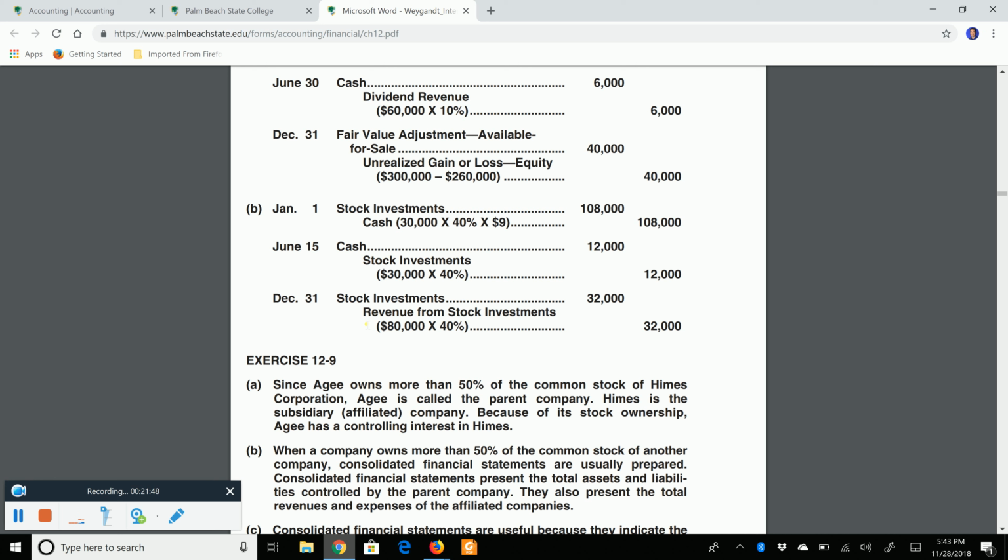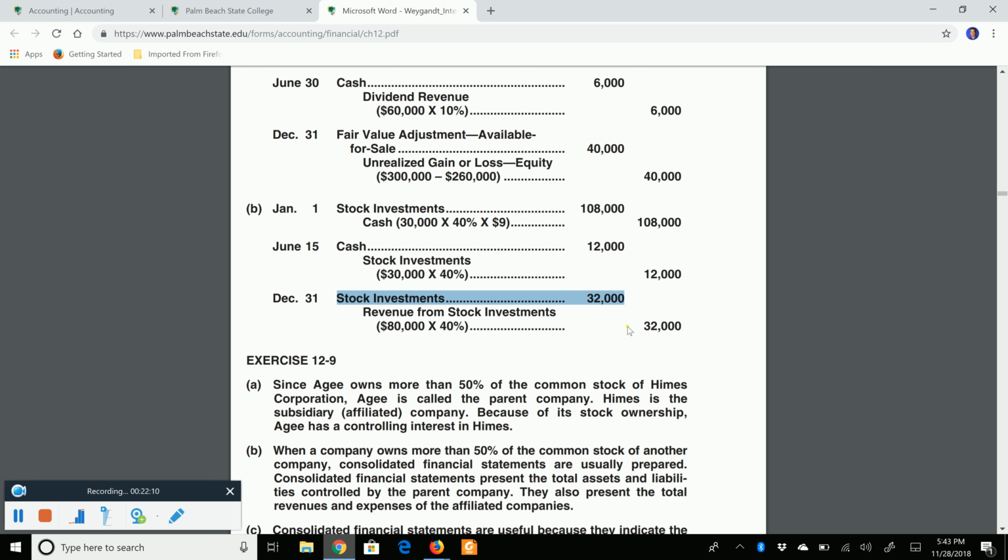And that is true for the cost method. But with the equity method, we are actually going to increase our stock investment for our share of the net income. So the accounting is very different. We're basically living and dying with the net income and the dividends.